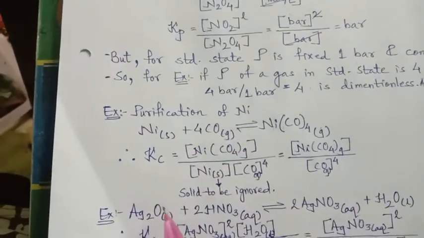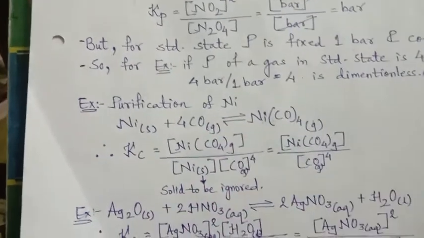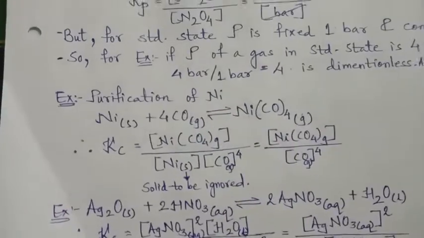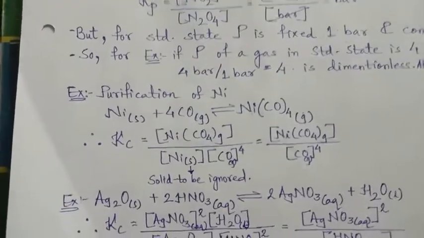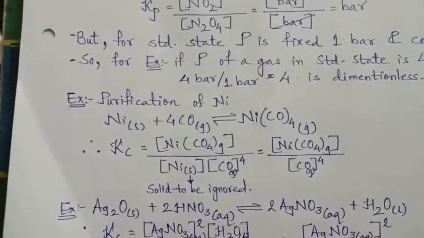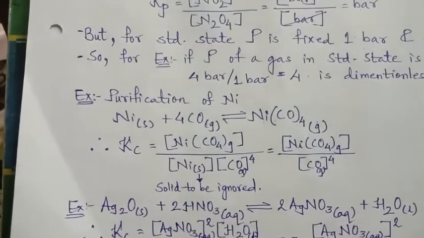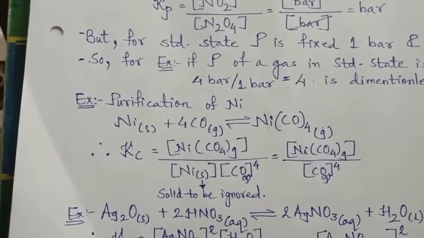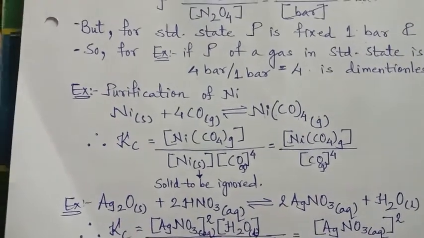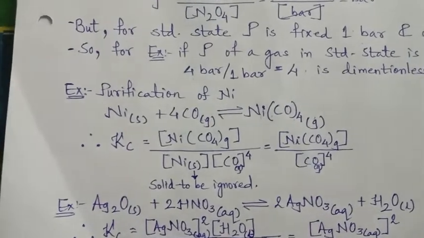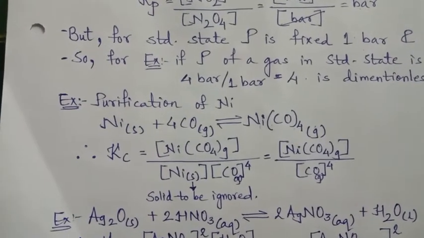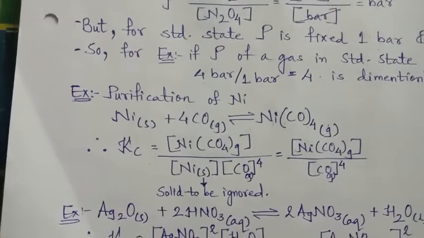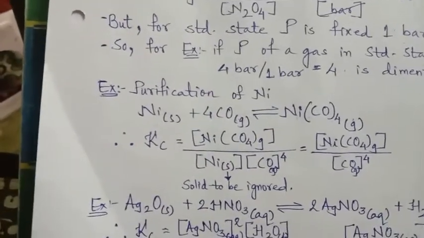Now as just discussed, that heterogeneous equilibrium, it means the reactants and products, they will be in more than one phase. And here you see nickel is in solid and carbon monoxide is in gas, but the product is only in the gaseous form.